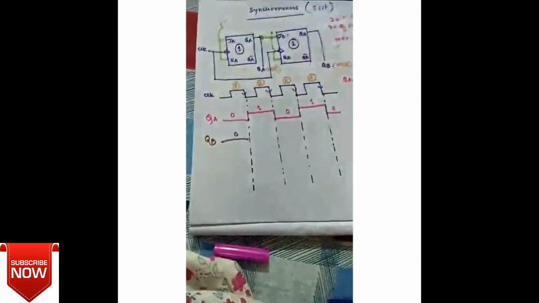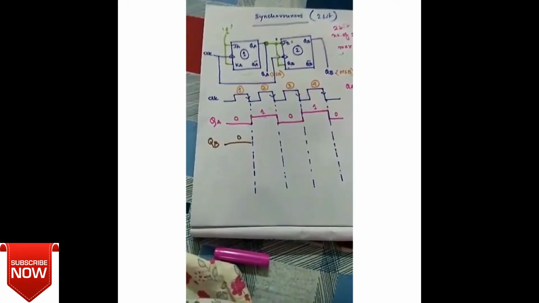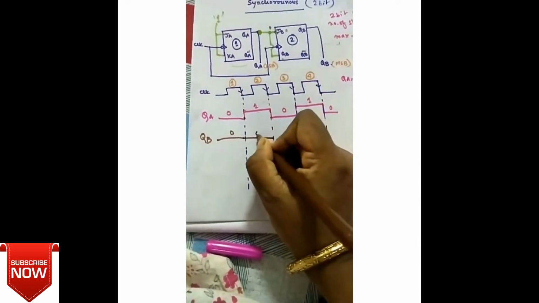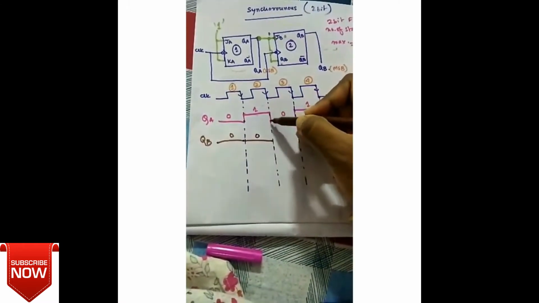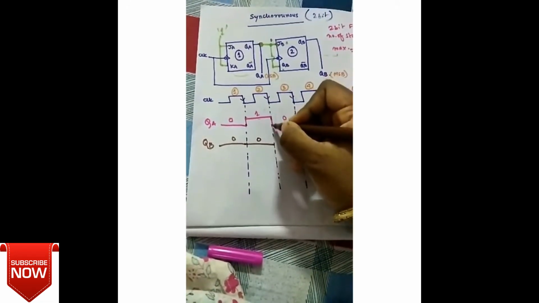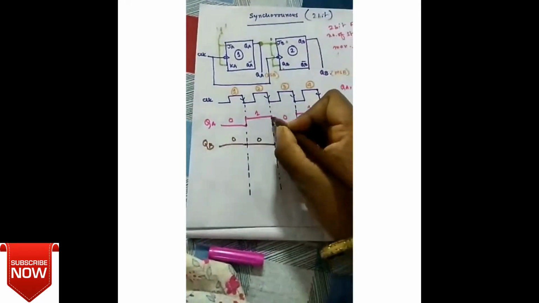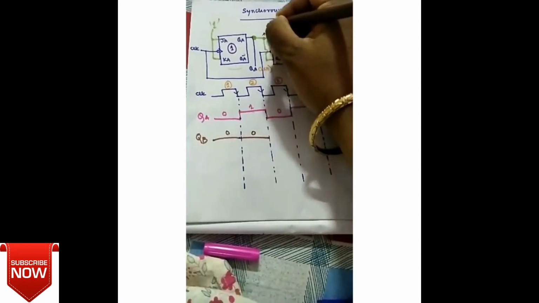So 0 0 means the JK flip-flop is in memory state, right? So it will continue its state up to the next negative edge triggering. Now on the second stage, when this QA falls from 1 to 0, or it is changing its state from 1 to 0, at that particular time this J and K is considered as 1.